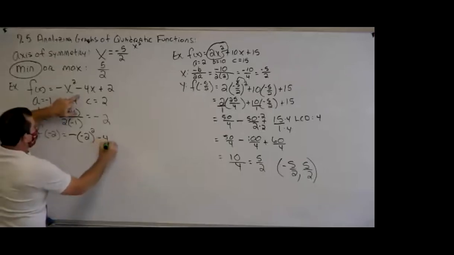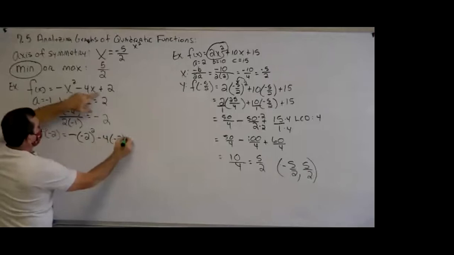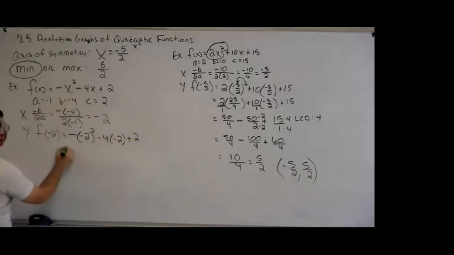Then we got -4 times -2 plus 2. So watch this. I'm going to bring this negative down because you cannot do a negative times a negative in this case and make that a positive yet. So bring that negative down. Priority goes to the exponent.